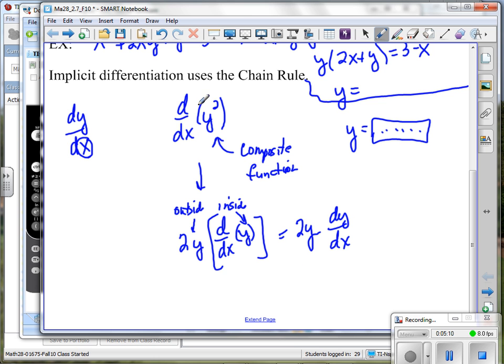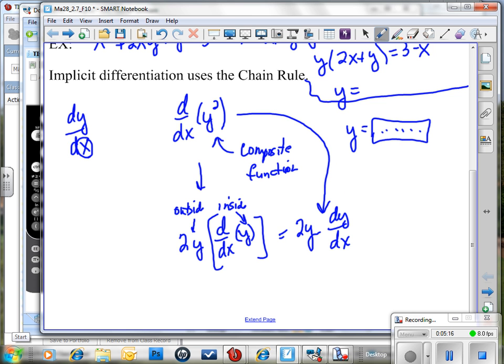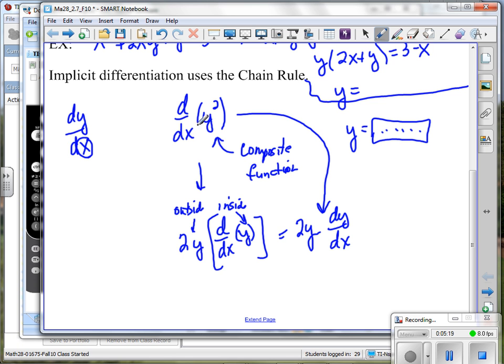This term here, its derivative, is equivalent to this right here. Because I don't have the same letters, I treat this as a whole function of itself. I don't know what y represents. It could be anything. But it's a function within the function of squaring.